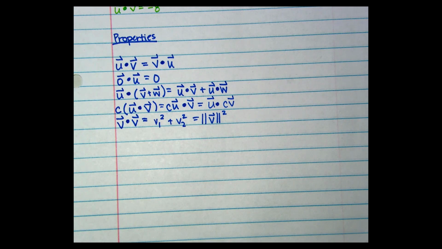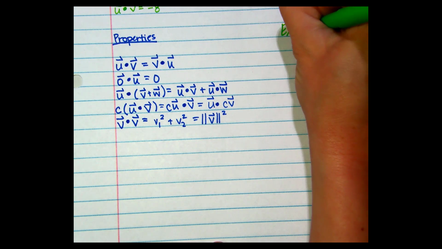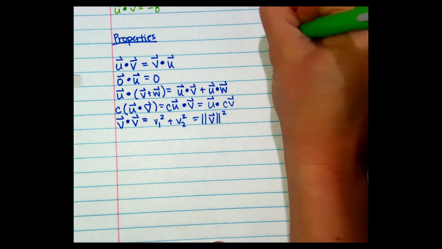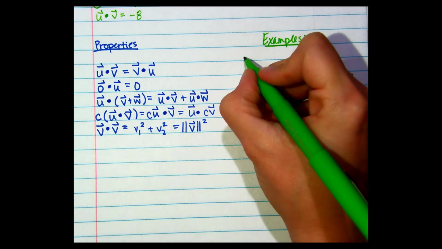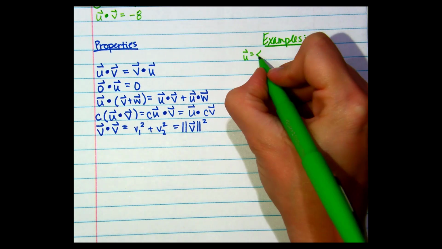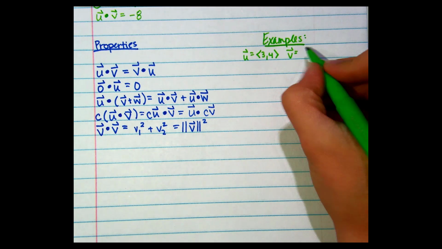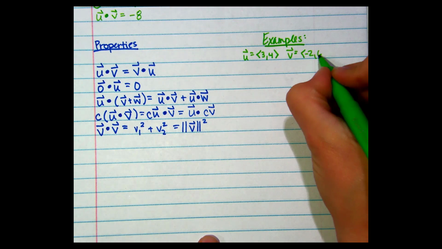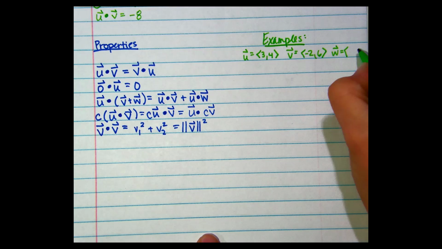All right, so let's do a couple of examples using some of these properties. Number 4, oh, you know what? You need to know what the vectors are. U is going to be (3, 4). V is going to be (-2, 6). And W is going to be (1, -1).